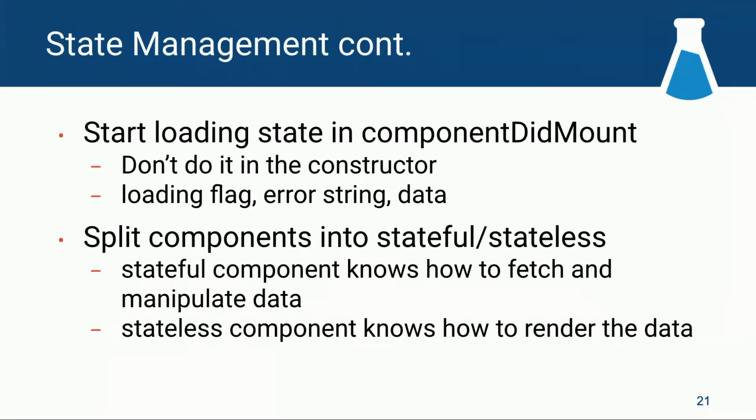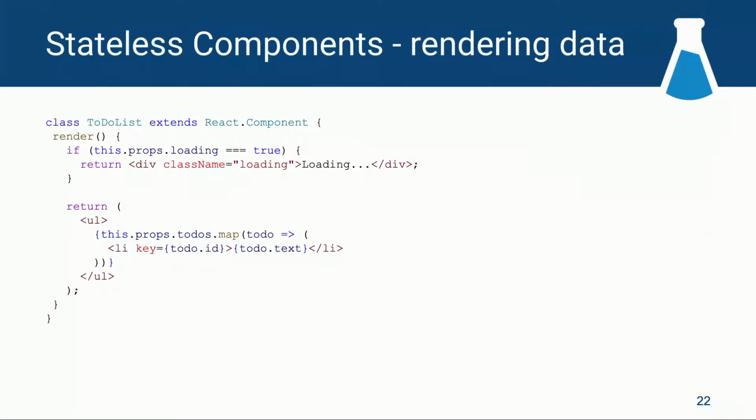So let me go ahead and show you an example. Here's the stateless component rendering the data, right? I've got a to-do list here. This is a pretty common example. I have a loading prop, and if the component's loading, I just return a simple div that says loading. And if it's not loading, we return a list. And here, this is a good example of me using JavaScript curly braces.